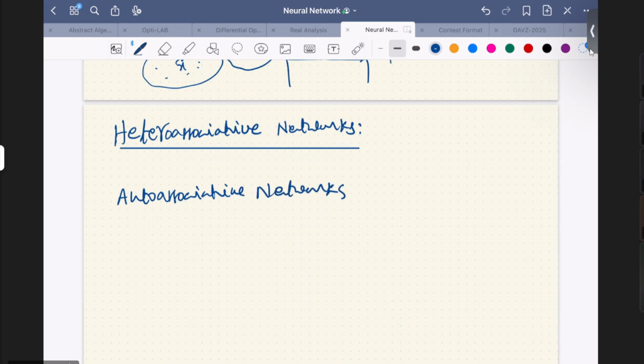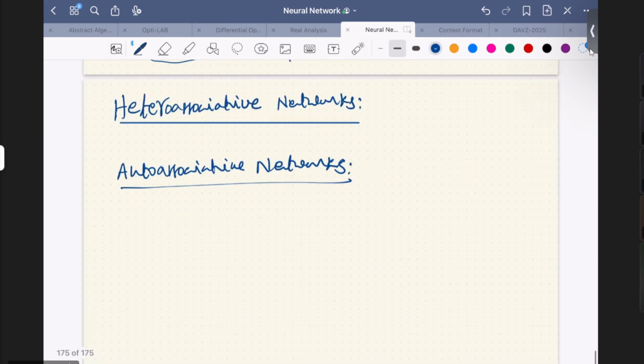So a network which is doing the same job, if I wanted to write up that auto association, it is a special case of the hetero association.